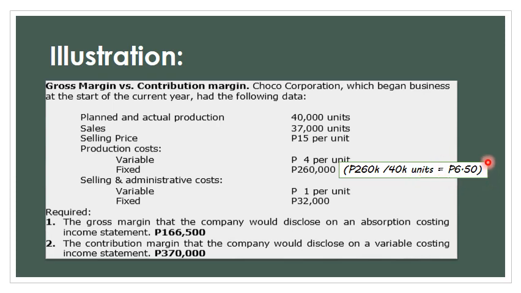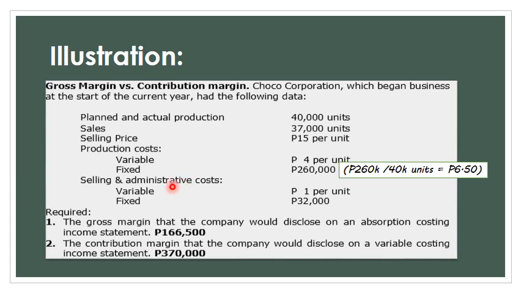Ano tong 6 pesos and 50 centavos? Ito yung fixed production cost per unit natin or yung fixed manufacturing overhead per unit, 6.50. So, kailangan mong i-divide itong total fixed production cost or total fixed manufacturing cost doon sa actual production to get the estimated fixed manufacturing overhead per unit.